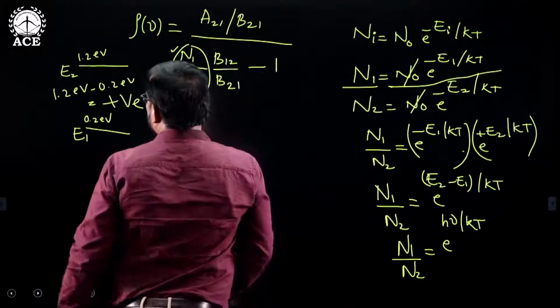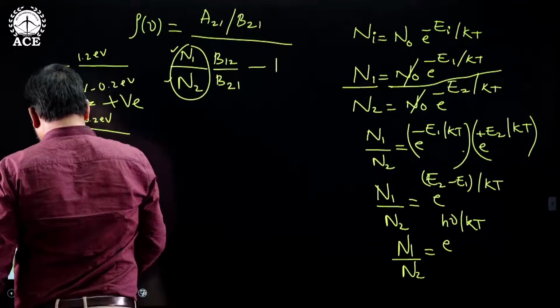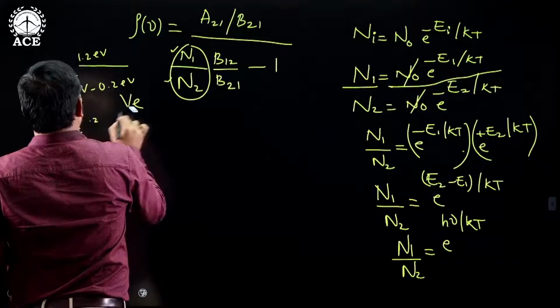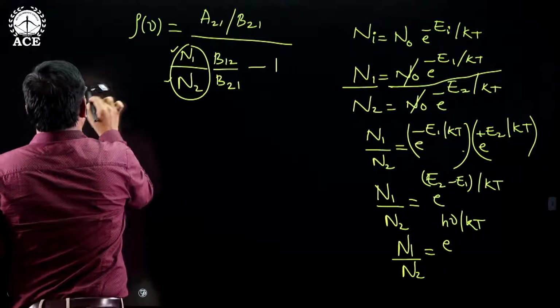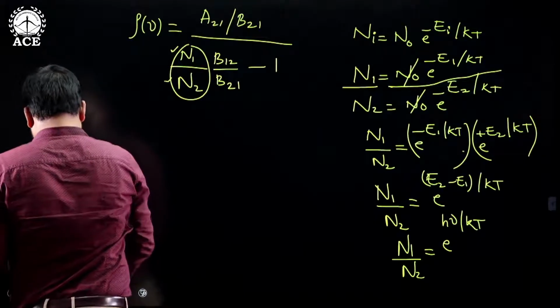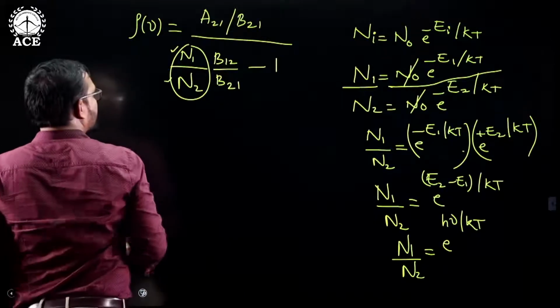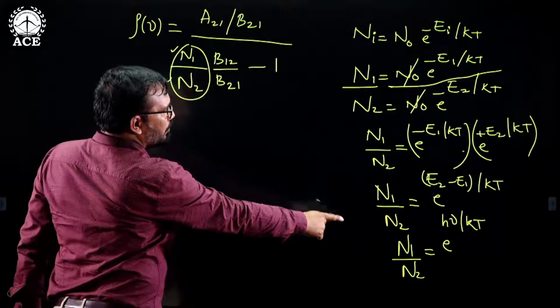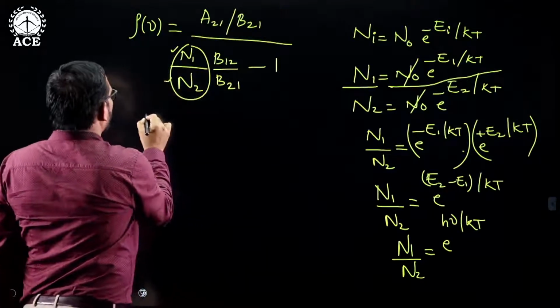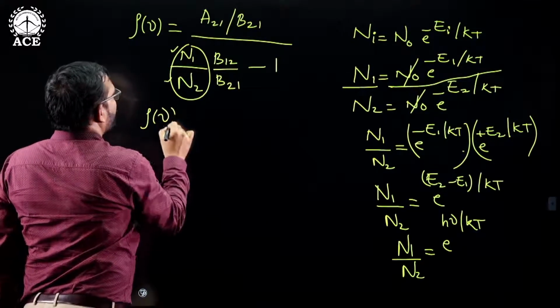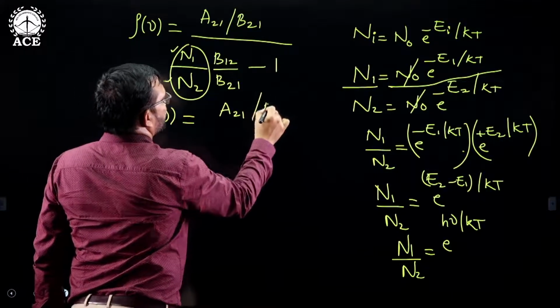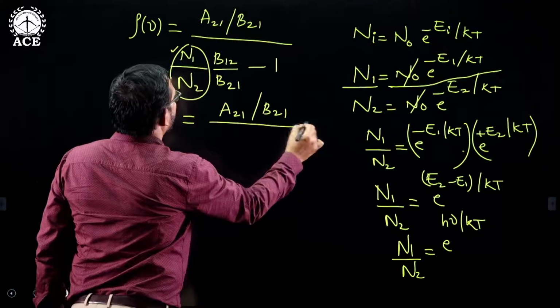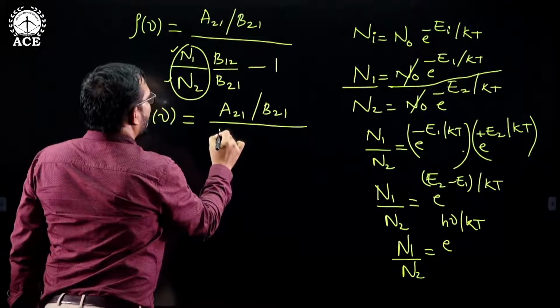Now what am I doing? I am substituting this value here. I am substituting that N1 by N2 here. So therefore, rho nu is equal to A21 by B21 by N1 by N2.